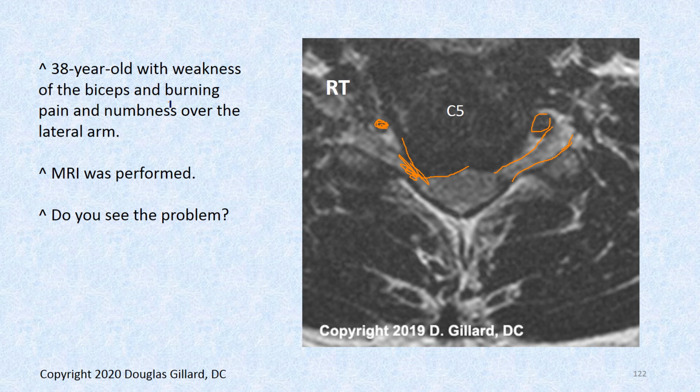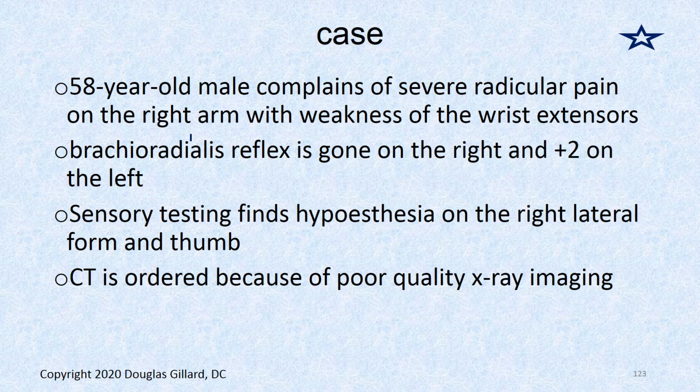So this case didn't match, which sometimes happens, but it shouldn't be more than one level off. A C6 nerve root injury could present with C5 symptoms or C7 symptoms. Everything we said.